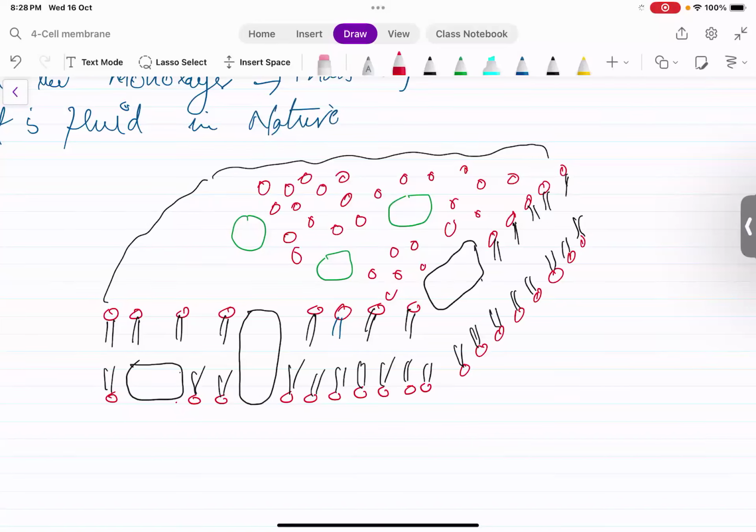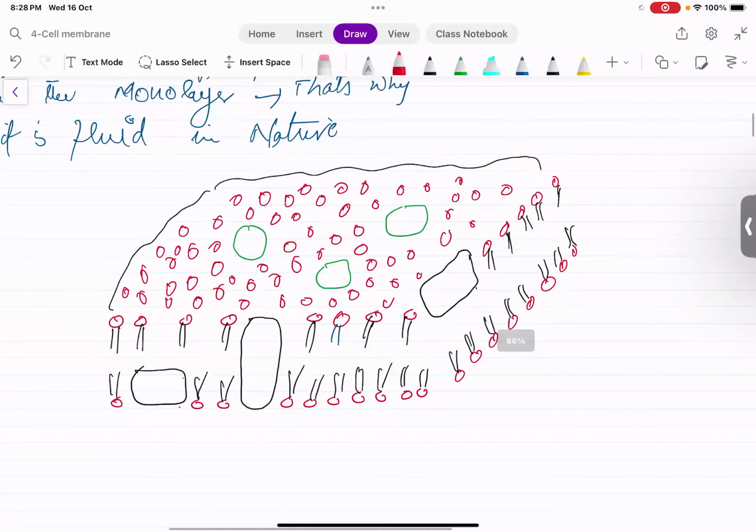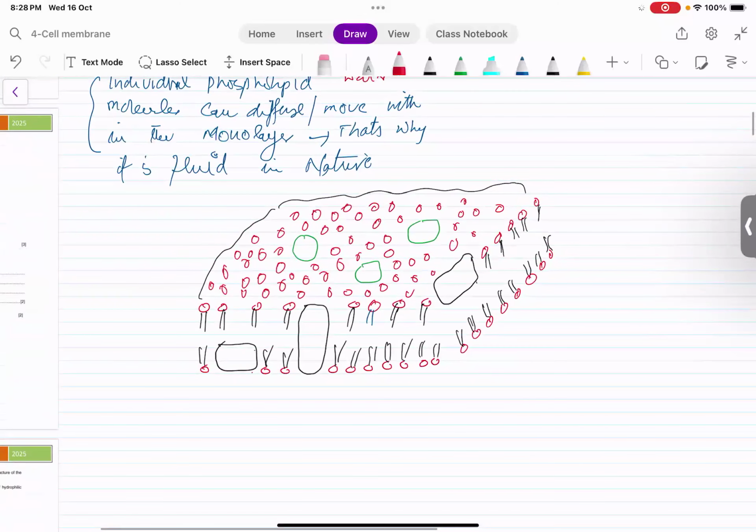This makes an ocean of phospholipids in which the proteins are scattered like glaciers, islands, or icebergs scattered in an ocean of water.